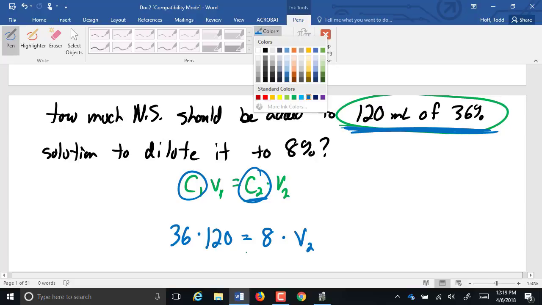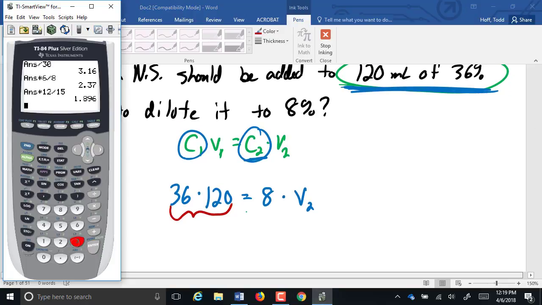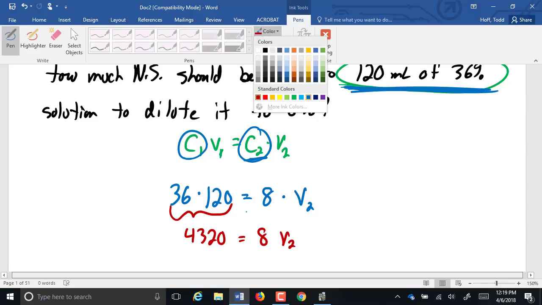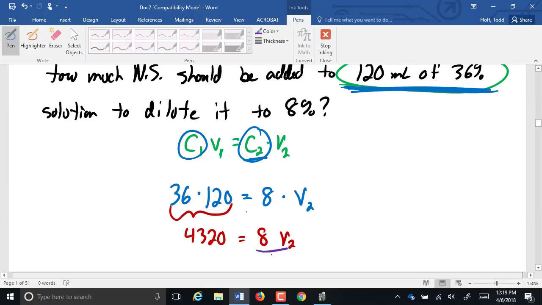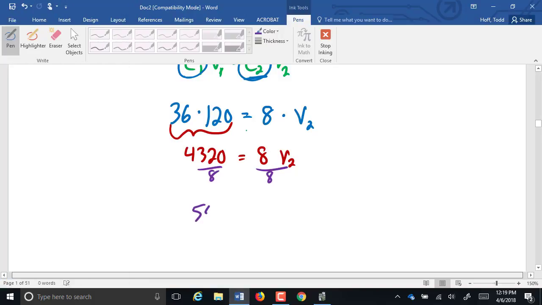And now I'm just solving that equation. So 36 times 120 gives us 4,320 equals 8 V2. And we'll divide by 8. That gives us 540 equals V2.